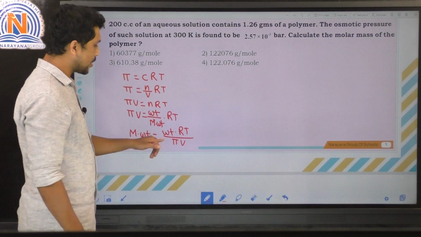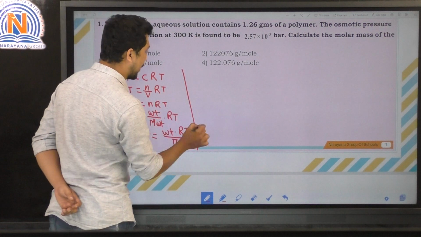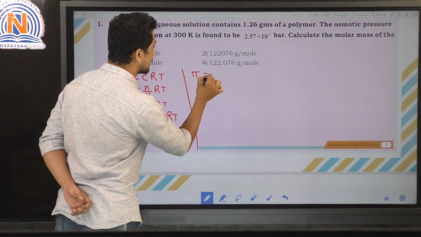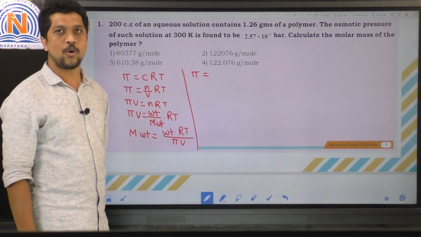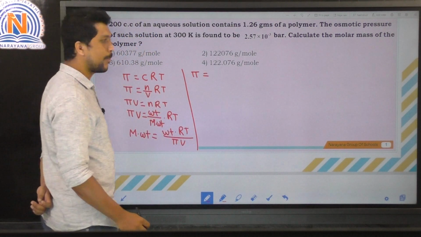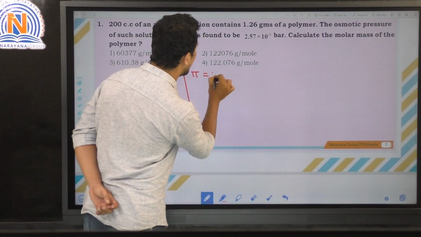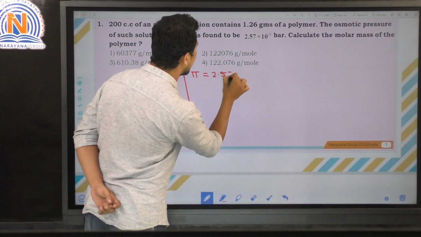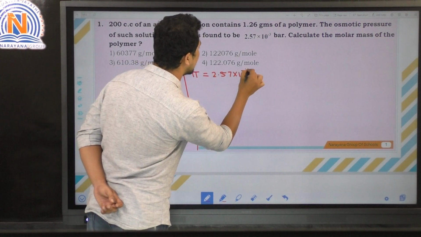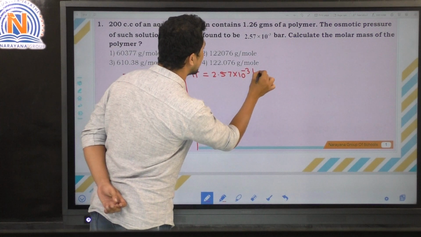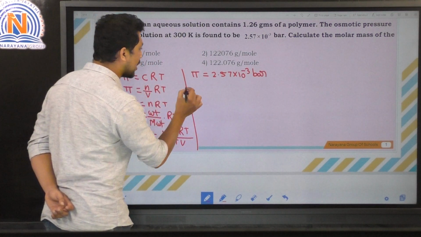So they have given osmotic pressure, how much? Pi equal to 2.57 into 10 power minus 3 bar. So what is the weight of that polymer?